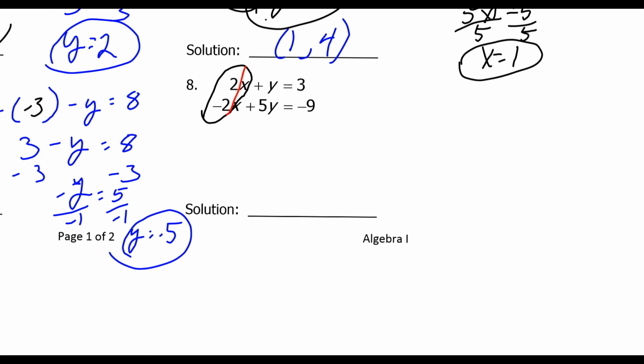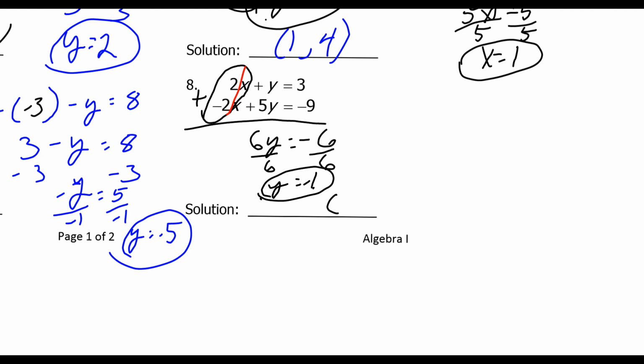So those cancel, and when we add our 2 rows together, we're left with 6y equals 3 minus 9, which is negative 6. Then we divide each side by 6, and we got y equals negative 1.